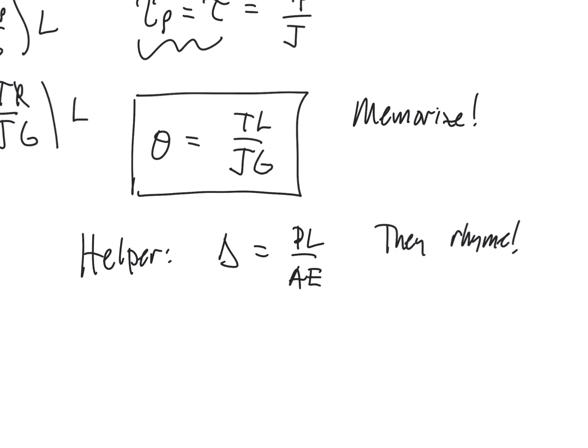And notice what it tells us. We've got the torque upstairs, so the forcing function is upstairs just like the axial force was upstairs. It accumulates over the length, just like the axial stretch accumulates over the length. The bigger the cross-sectional property, so the larger the second moment of the area, the smaller the twist, just like a cross-sectional property of the area.